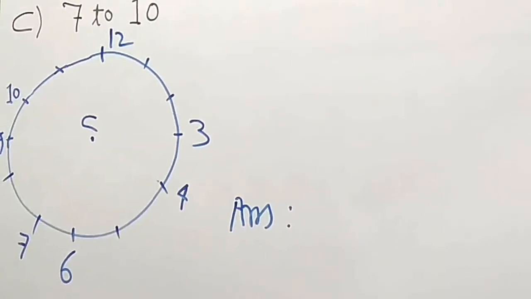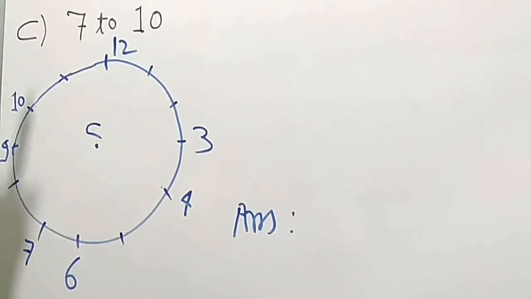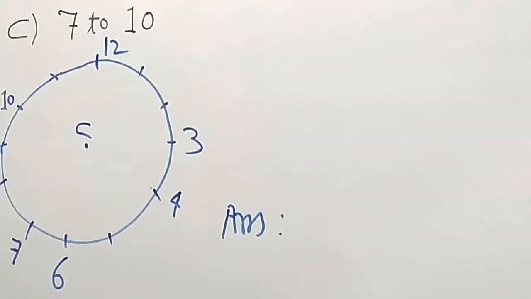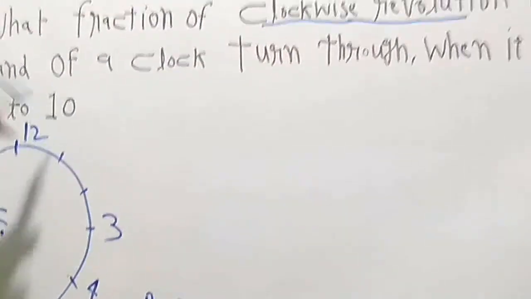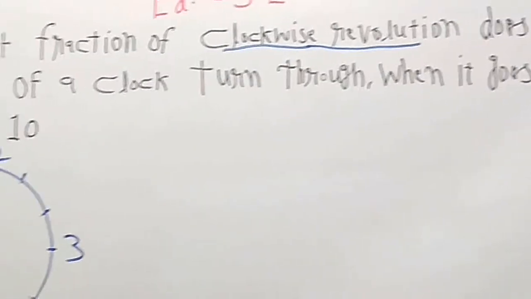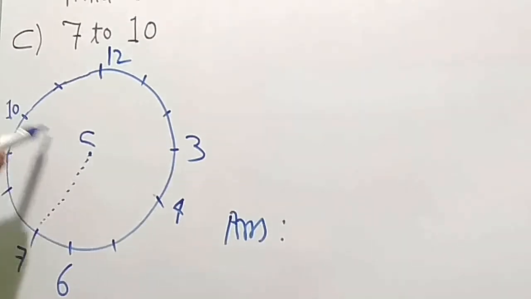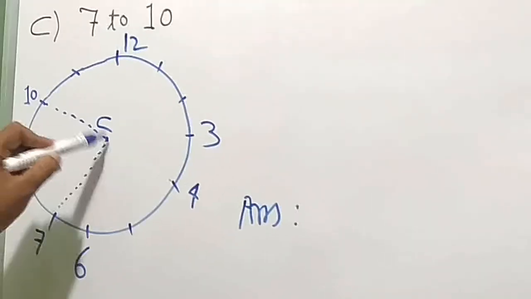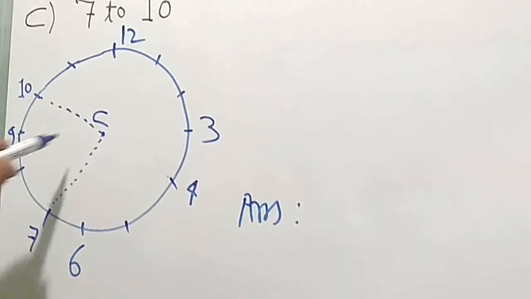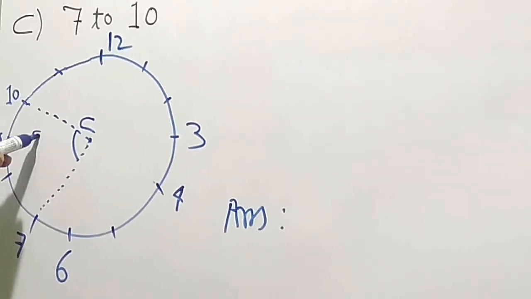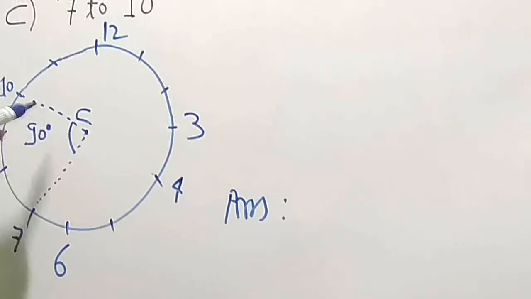7 to 10 is given, and the question is asking what fraction of a clockwise revolution does the hour hand of a clock turn through when it goes from 7 to 10. So now we join 7 with the center and 10 here. Again, which angle is there here? It is the angle of 90 degrees, the right angle.